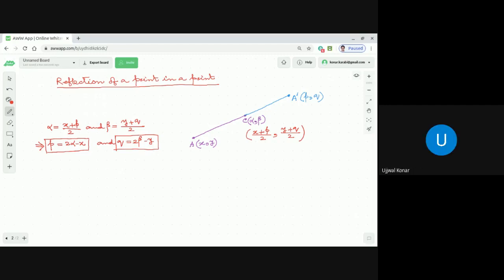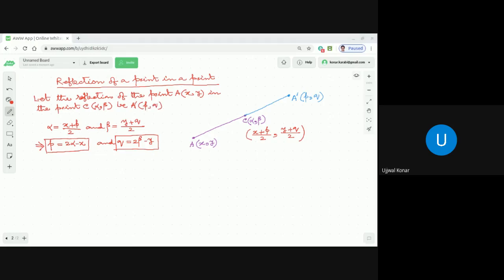Okay, so let me write it down. Here the statement I just stated is that let the reflection of the point A, having coordinate x comma y, in the point C with coordinate alpha comma beta be A dash, which is p comma q.